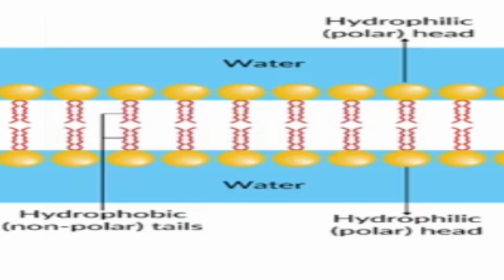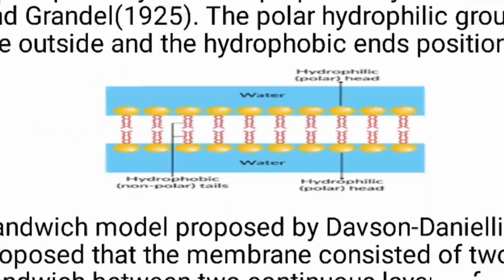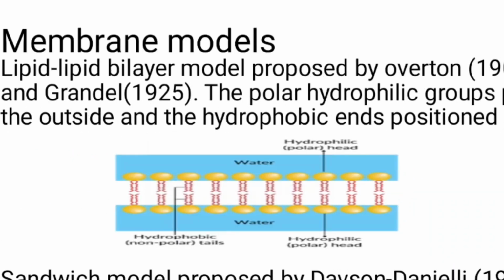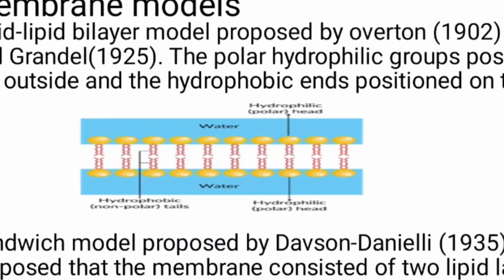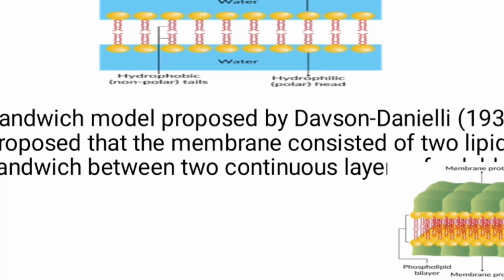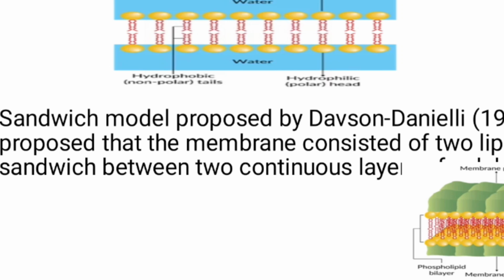So water is on the surface and also on the inside. That is how the first model, known as the lipid bilayer model, was proposed by Overton and then Gorter and Grendel, 1925.